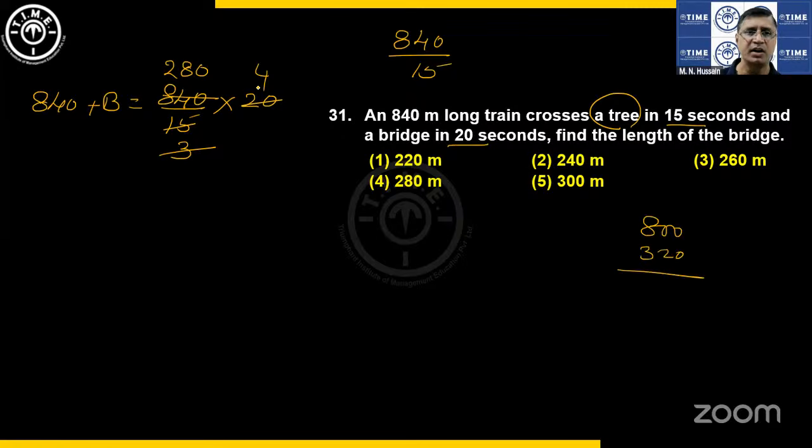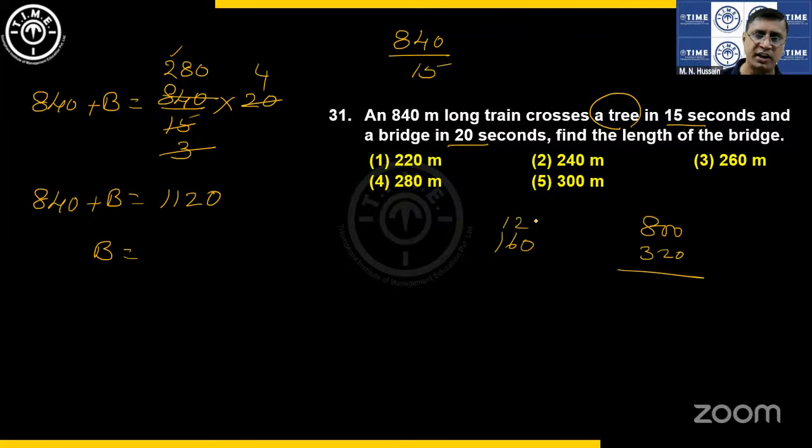What I am doing here? 200 into 4, 80 into 4. That is 1120. So 840 plus B is equal to 1120. Now what is the value of B? 840 when you take it to the other side becomes minus 840. 840 is how much less than 1000? 160 less than 1000.